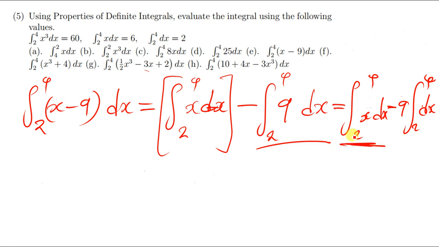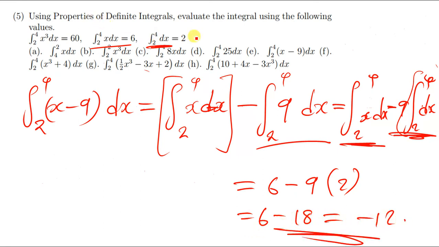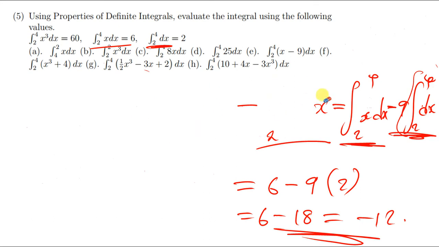So the first part is exactly what we're seeing here. So we're going to replace it with 6, then say minus 9, and then on this part, which is what we've been given there, which is just a 2. So this is the same as 6 minus 18, which gives us negative 12. So these are straightforward questions. We quickly proceed to the next one.